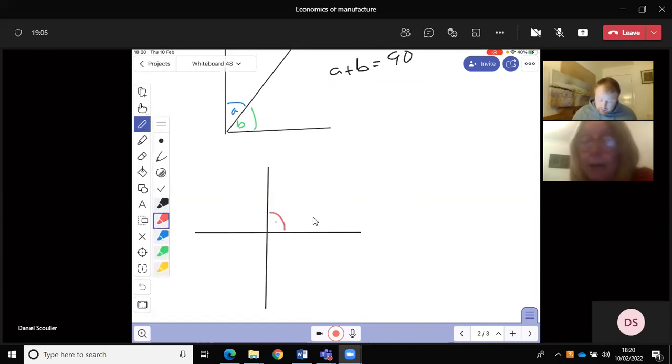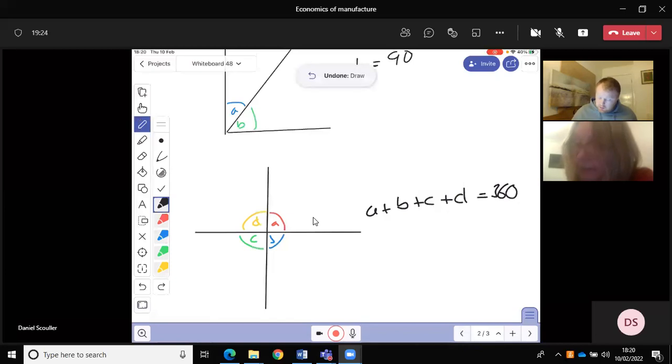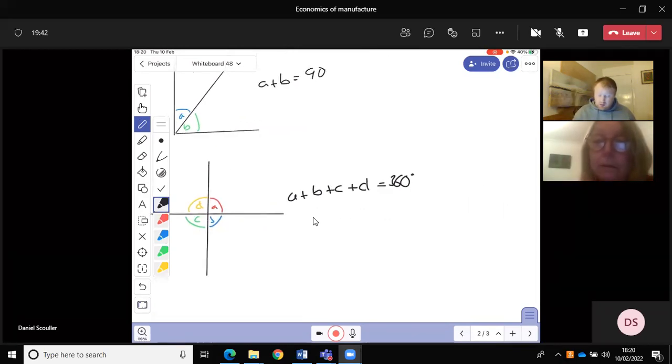You've got angle A, B, C, D. That full rotation is 360 degrees. So I'm comfortable with that, but that's where they're coming from. You've got lots of angles meeting at a specific point, and all the way around will be 360 degrees.